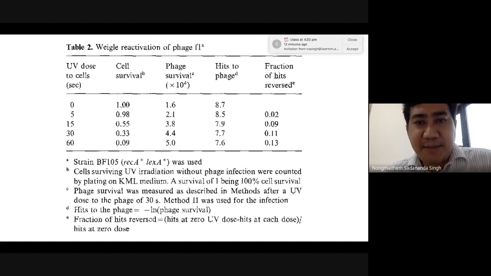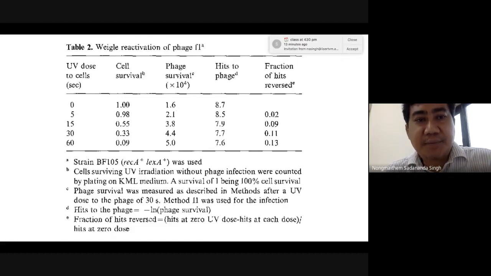The experiment we are looking at in this slide is the survival of phage. Phages are the viruses of bacteria. When there is no UV exposure of the host, the survival of the phage is around 1.6 times 10 to the power 4.